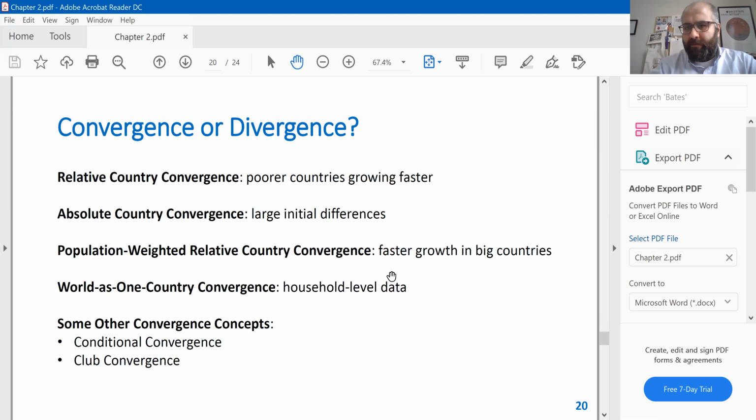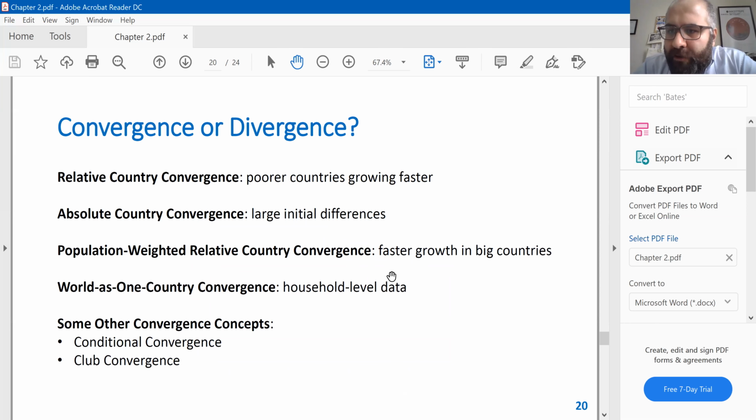So we are basically ignoring the growth process, just look at the variance of, let's say, log incomes in time. If this variance decreases, then we say there is absolute convergence in income levels across countries.